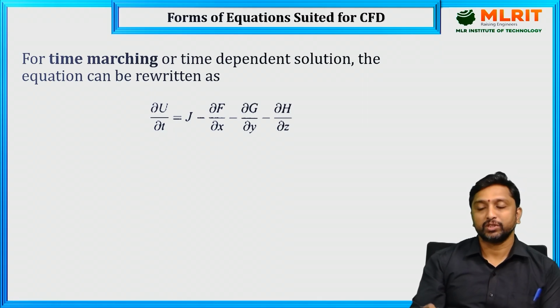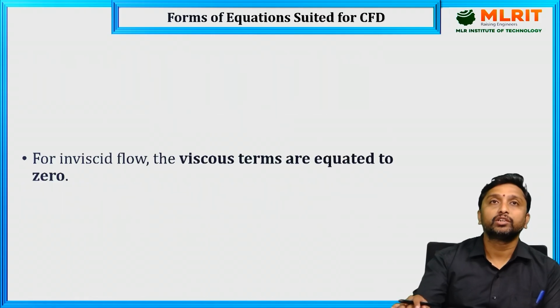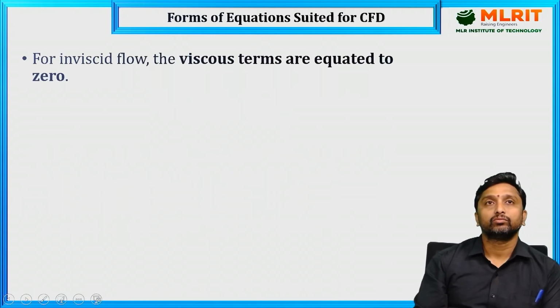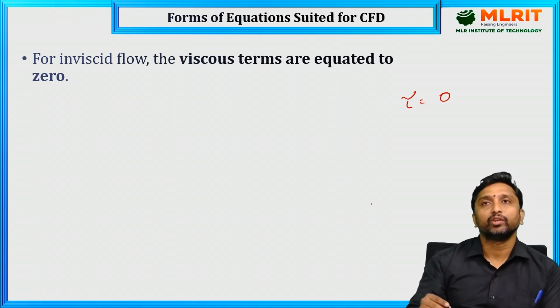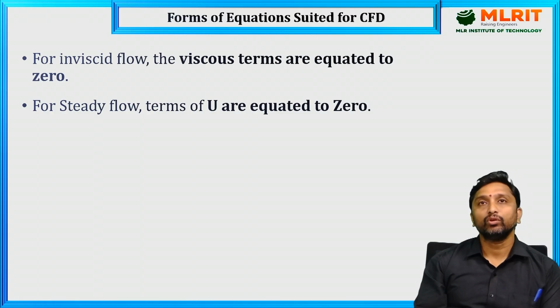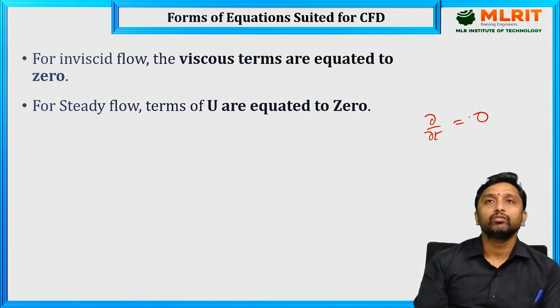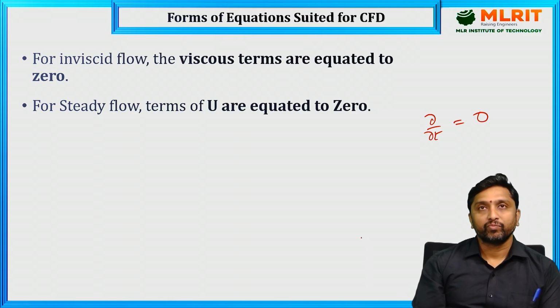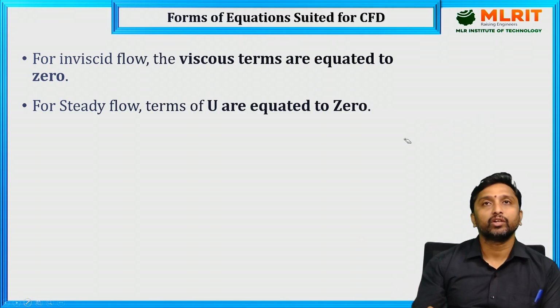Now if I apply it to a specific case where the viscous terms are 0, that means all the τ terms are equal to 0, whether it is τxx, τxy, all the τ terms. Now for steady flow, ∂/∂t is always 0. For steady flow, anything with respect to ∂/∂t becomes 0, because there are no changes with time. So ∂U/∂t is equated to 0.